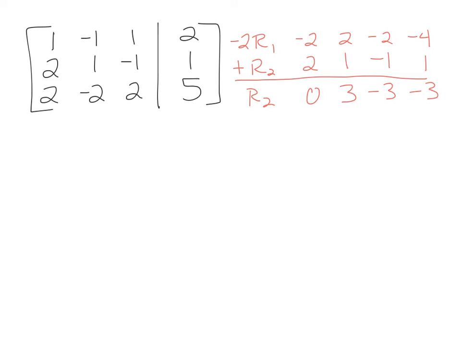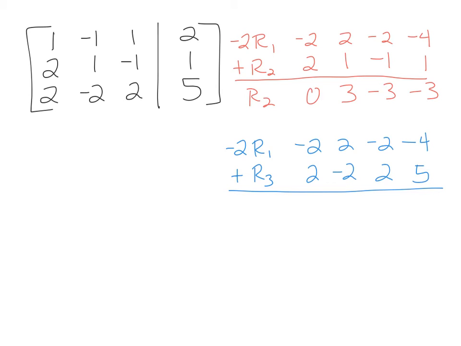We need to do the same thing with row 1 and row 3, so we are able to get rid of this 2, or turn it into a 0. And we will do the similar operation, so -2 times row 1 plus row 3, we have this -2 times row 1 from our previous information, and row 3 looks something like this.